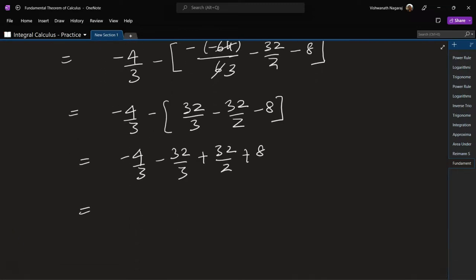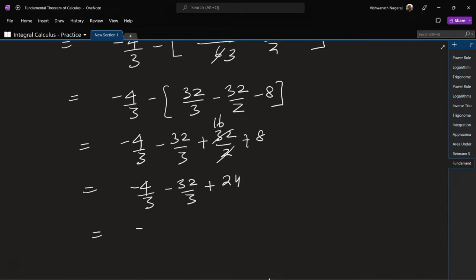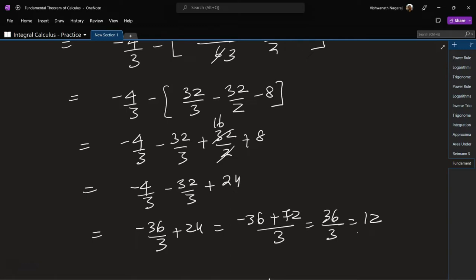Now let's take care of this. This also cancels, so 16. This would be minus 4 by 3 minus 32 by 3 plus 24. This would be equal to minus 36 by 3 plus 24, which is minus 36 plus 72 by 3, which is equal to 36 by 3, which is 12.